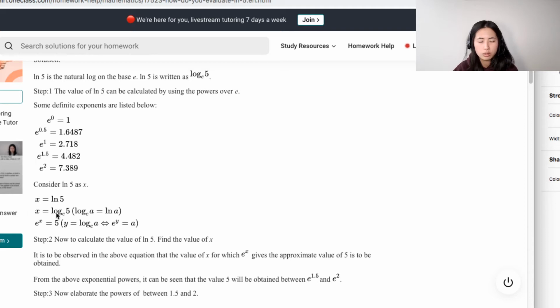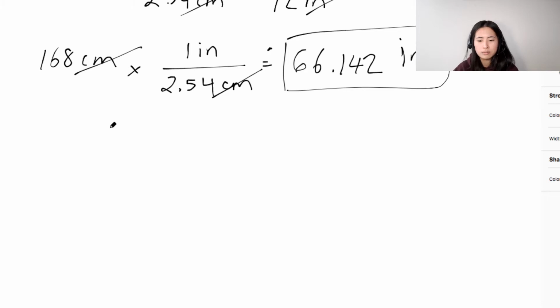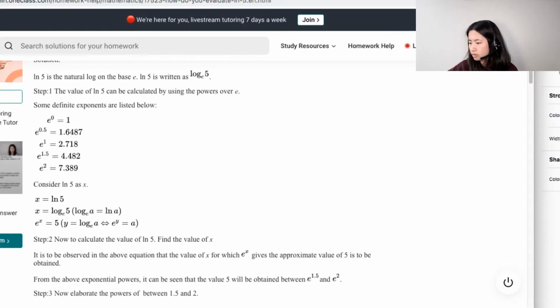Does that make sense, to get rid of log e? Because if you recall your logarithm rules, so for log, basically they're saying you have x, which is equal to log e of 5, right? That's what they're trying to say.